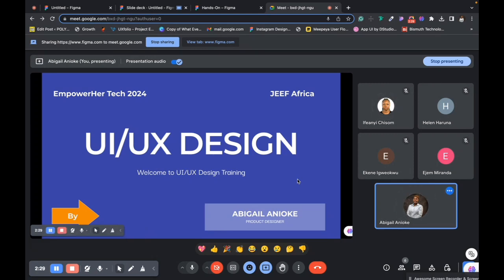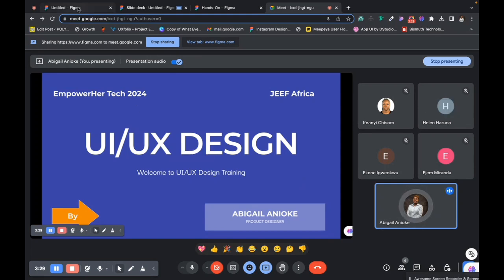Instead, I'm going to help you understand it better and know the pros and cons of what UI UX design is all about in general. And even if you want to pick up that skill and dive into that career, you would know that this is actually what you're really going in for, so you don't get confused at the end of the day, because like they always say, as it keeps going, it gets tougher on the way, right?